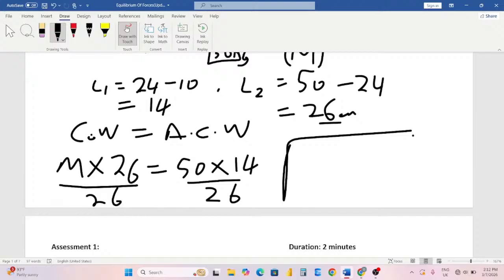So let's do that quickly and paste what M should be in the comment section if you are following. Let me get my calculator. Someone else can also help us do it and put the answer in the comment section. So that's 50 times 14 divided by 26.